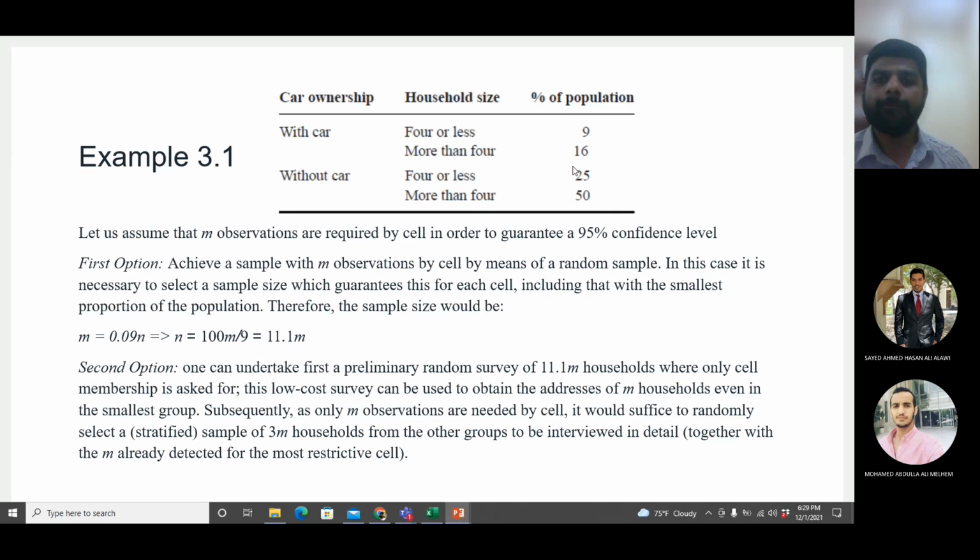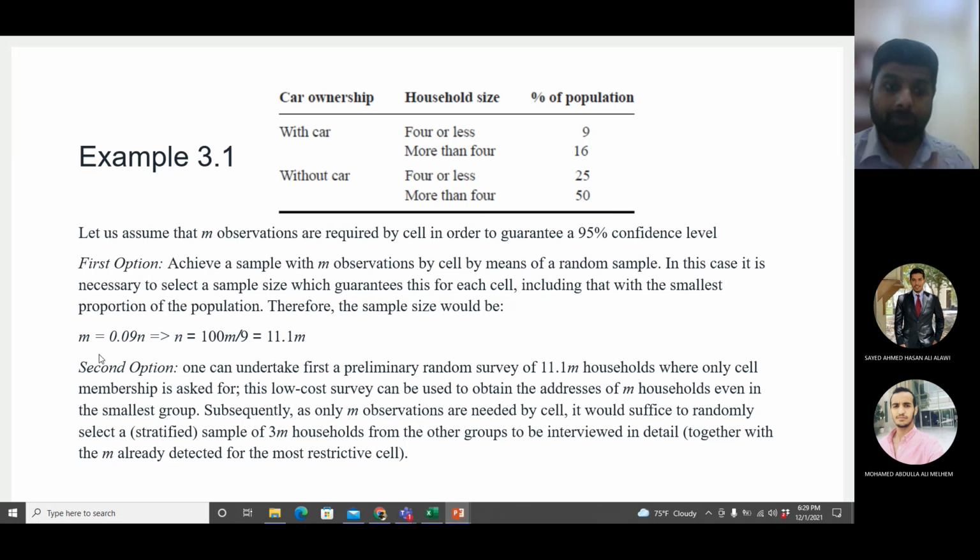So to ensure that I have m samples in the least category, I will put m equals 9% of n, because this category has 9% of the entire population. If m is equal to 9% of n, the remaining categories will have more than m.